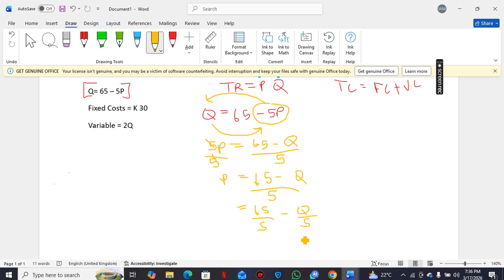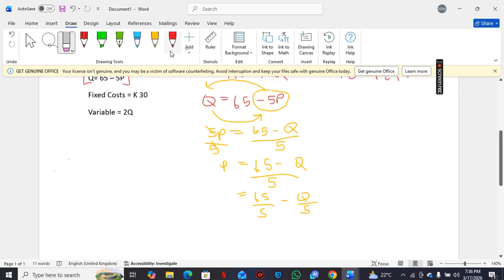You haven't changed anything, because when you subtract these fractions, this will be your answer. You just want to simplify the fraction in a way that makes our life easy. So what is 65 divided by 5? Anyone with a calculator? It's actually 13, sir. 13, okay.